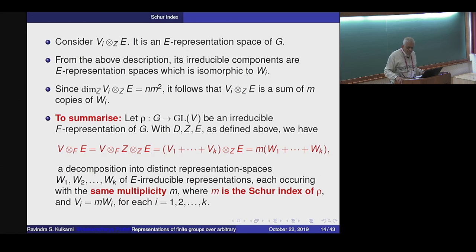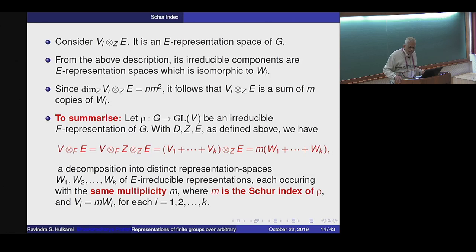Well, this is the summary: if we start with an irreducible F representation of G and Z, E as above, then V tensor E over F is this M times the sum of W1, W2, ..., Wk.